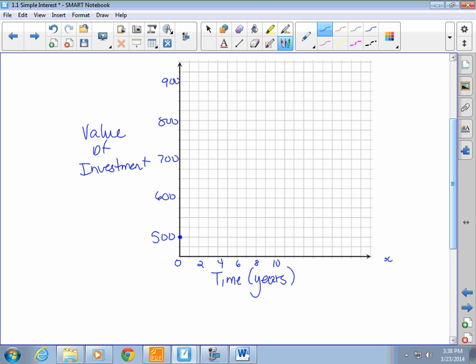So year one, we're looking at just a little over there. Year two, it's gone up $60, so it'll be a little bit over there. Year three will be at $90, so it'll be almost at the top. Year four would be $120, so just below. Year five would have $150.